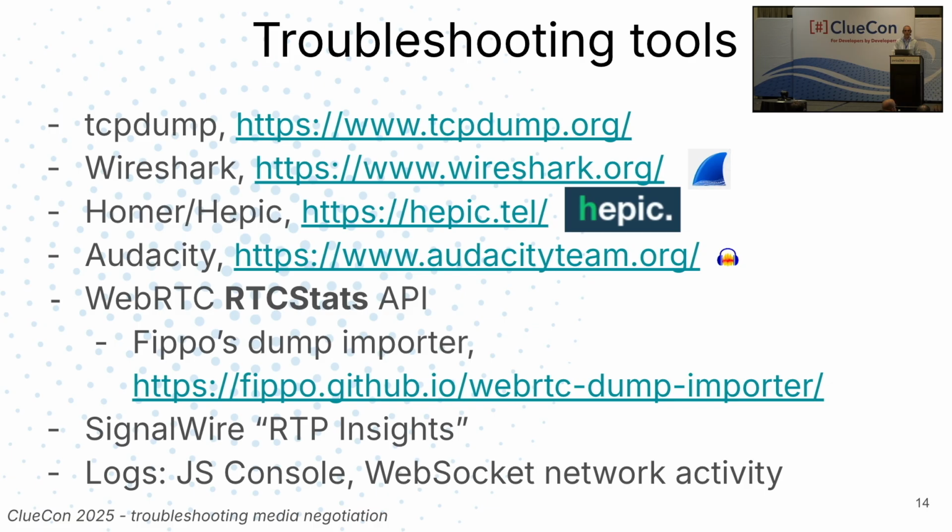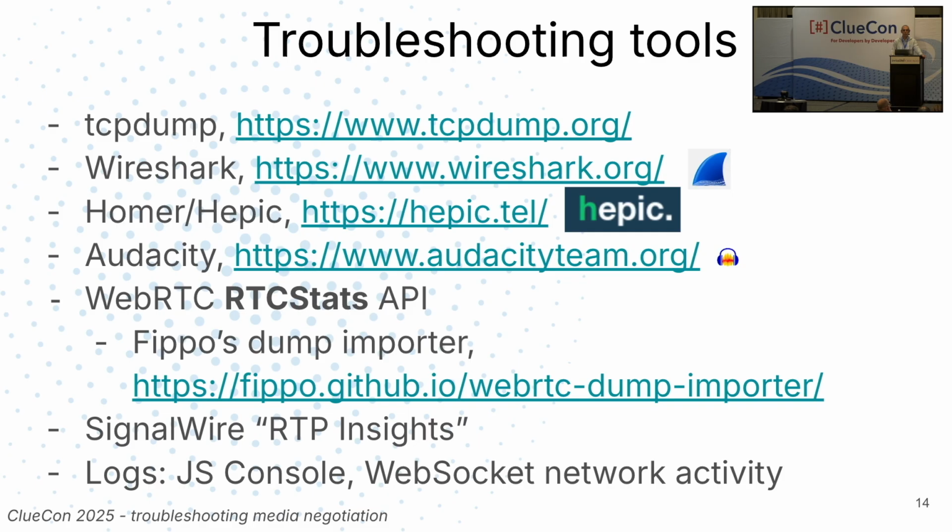Wireshark understands a lot of what's seen on the network with the dissectors, can help you see exactly what happened, dissecting and showing you the content of the packets flowing through the network. HEPIC, as you know, Homer HEPIC, for storing important elements during the negotiation or other logs to reconstruct the calls later. This is on the server side.